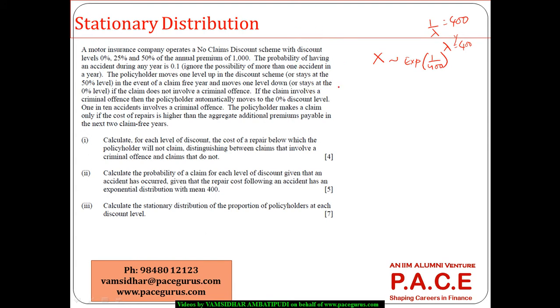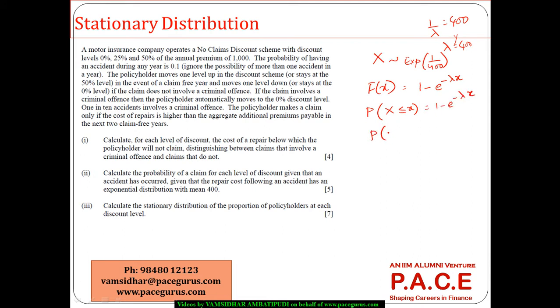Now I know that the cumulative distribution for this exponential distribution is 1 minus e to the power of minus lambda x, which means the probability of X less than or equal to x is 1 minus e to the power of minus lambda x.